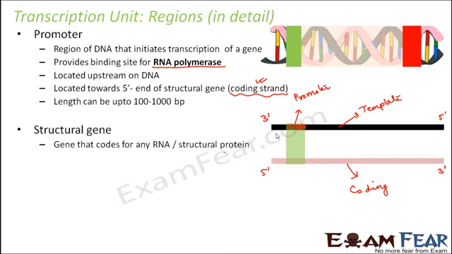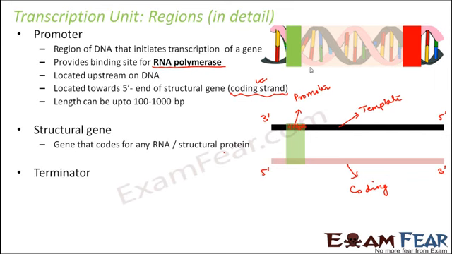Next is the structural gene. These are the genes that code for any RNA or structural protein. All the genes located in this portion are structural genes and they code for RNA. The base sequence in these genes defines the base sequence of the RNA strand.